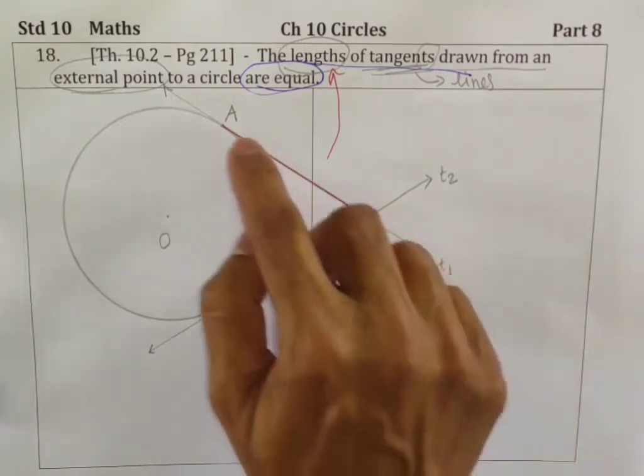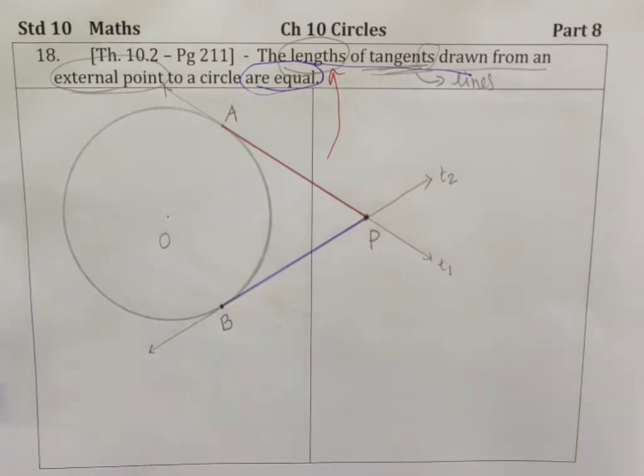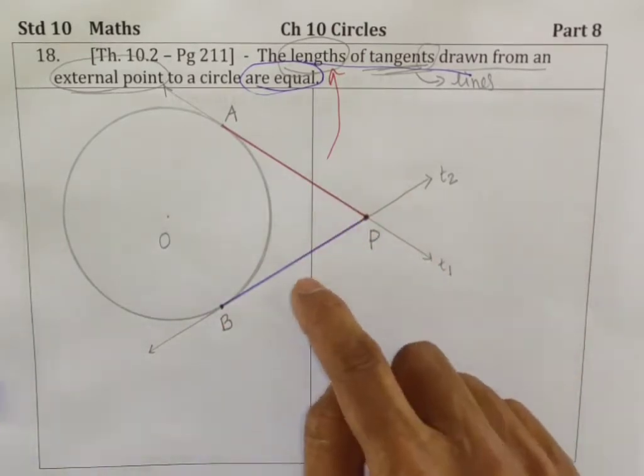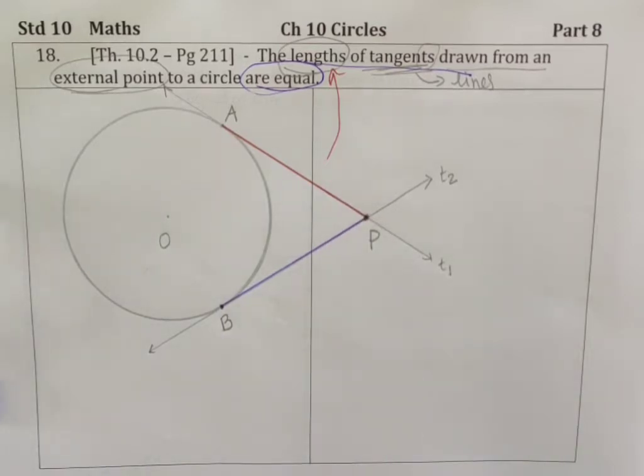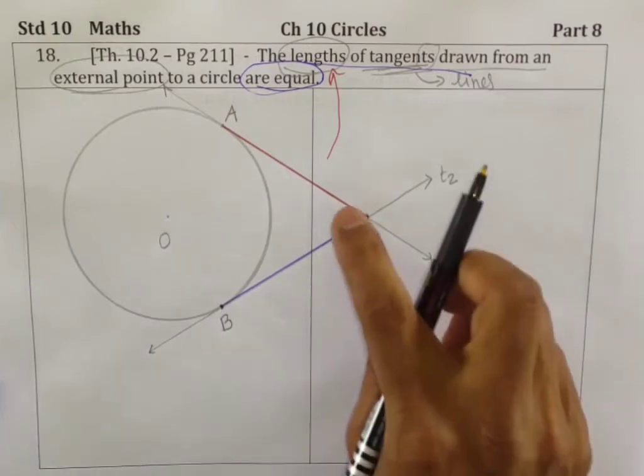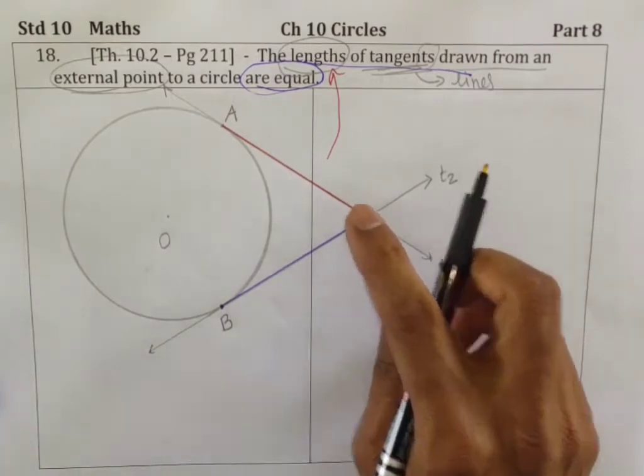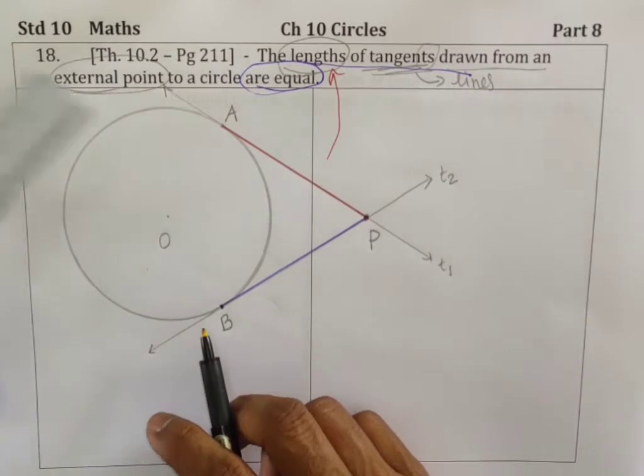Alright? You can show that PA and PB are equal if they are the sides of two congruent triangles. Okay, let's see how we get PA as a side of one triangle.